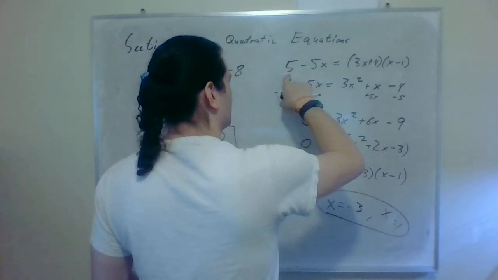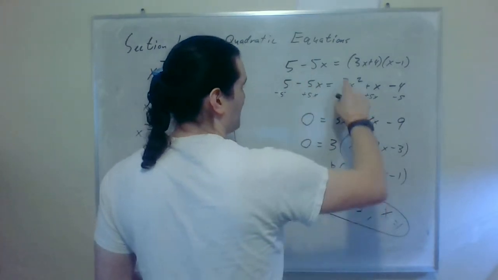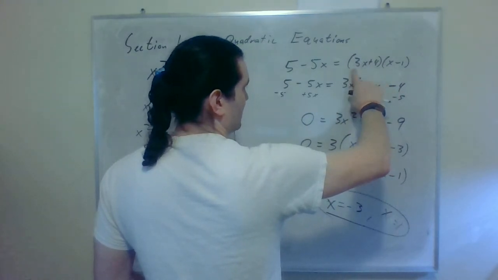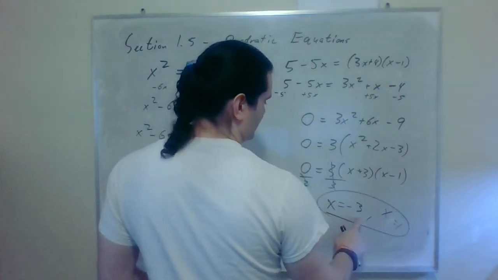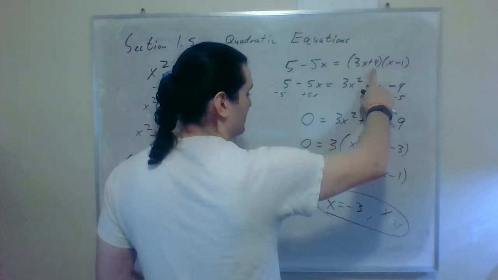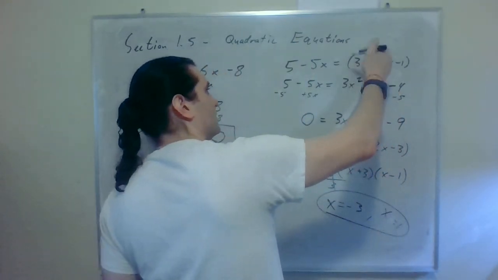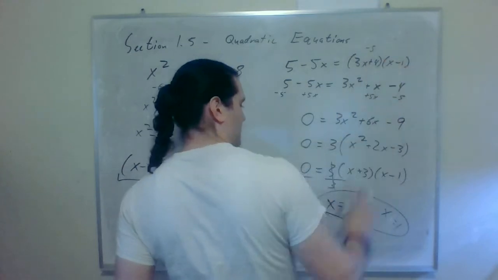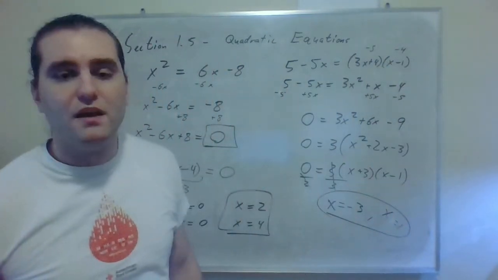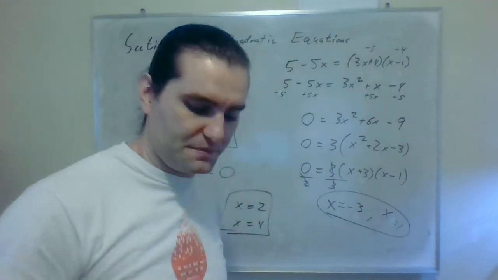At negative 3, this would be 5 plus 15 is 20 equals 3 times negative 3 is negative 9 plus 4 is negative 5 times negative 4, also 20. Yeah. So both of these solutions work. We can check them. Everything works out real nice.